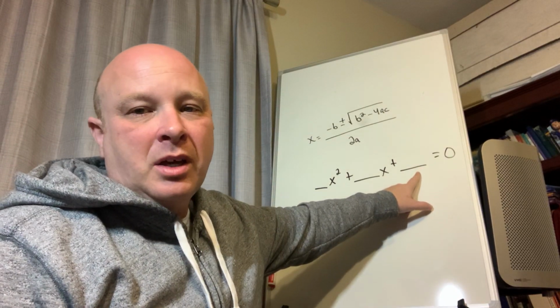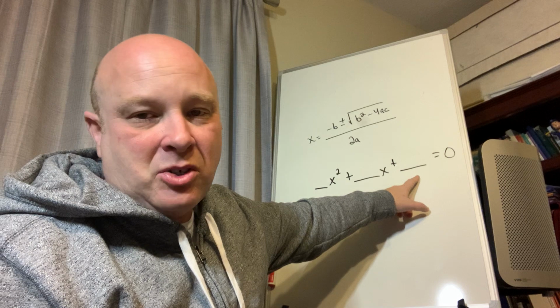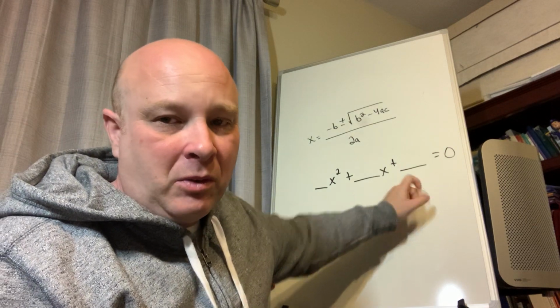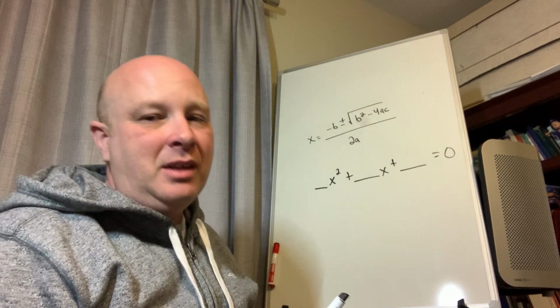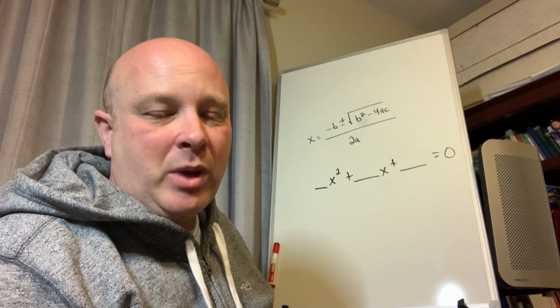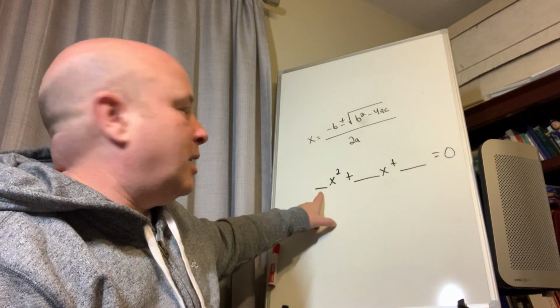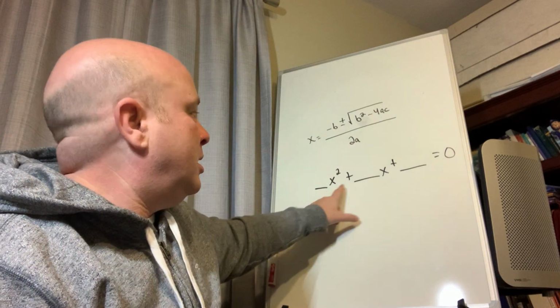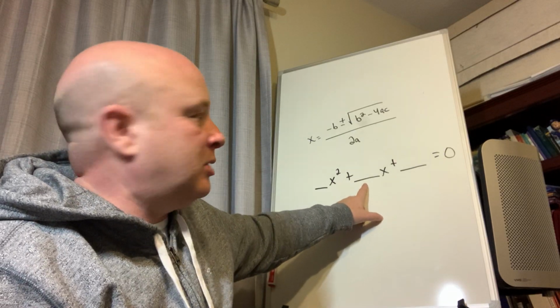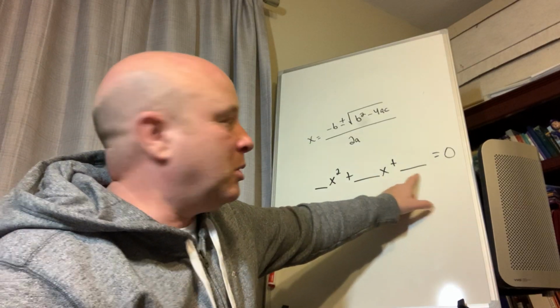And any number, use your imagination, can go in here, all right? So what that means is that we have an equation that has something x squared plus or minus something x plus or minus some number, and 0.